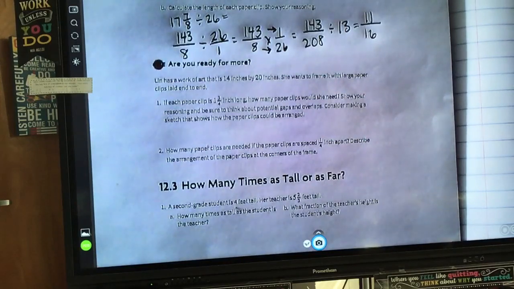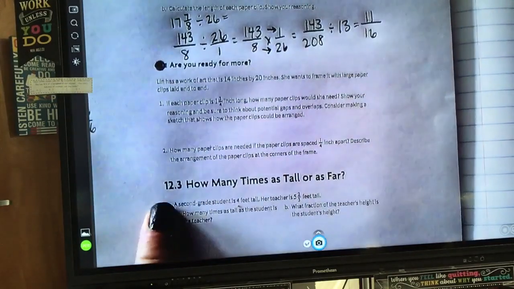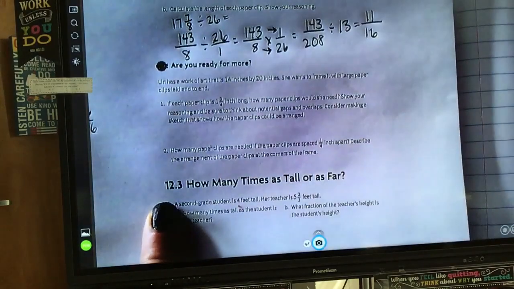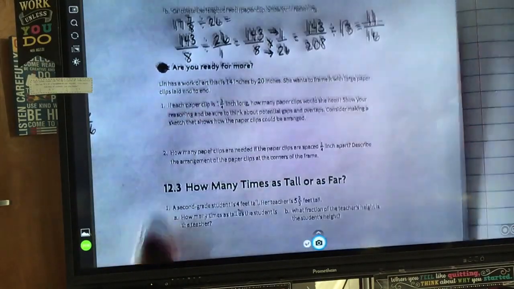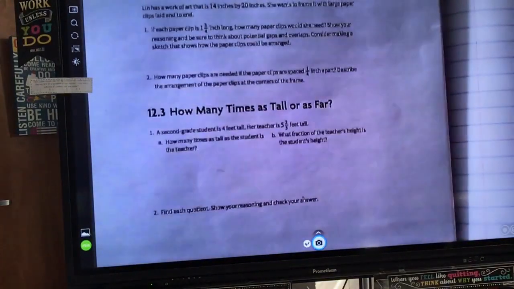For time purposes, you're going to get your cool down. When you're done with your cool down, you are going to finish the 12.3. This will be homework if you don't get it done in class. So you have 12.3, 1, 2, 3, and 4. Y'all can handle those, because it's just dividing fractions, it's just practice.